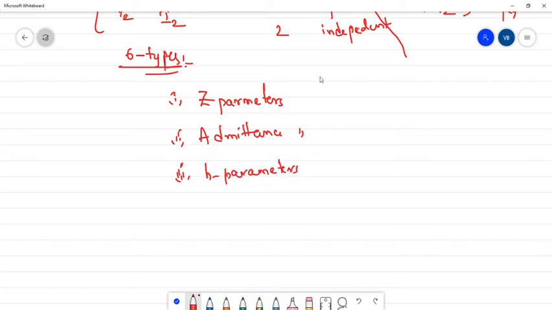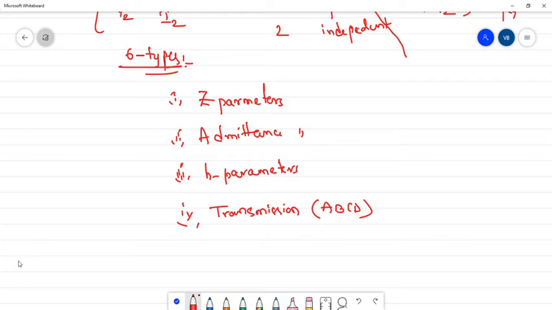So first is Z parameters, that is impedance parameters, then admittance parameters, H parameters, and the fourth one is transmission parameters, which is also called ABCD parameters.